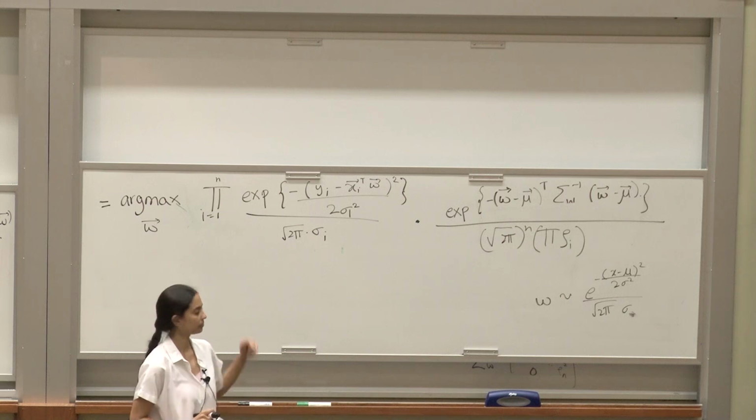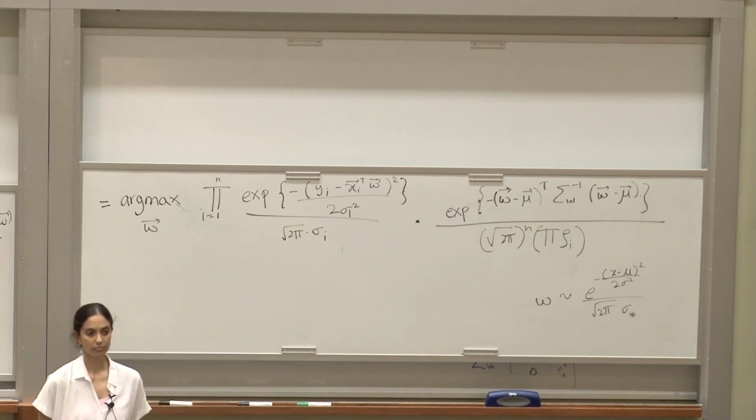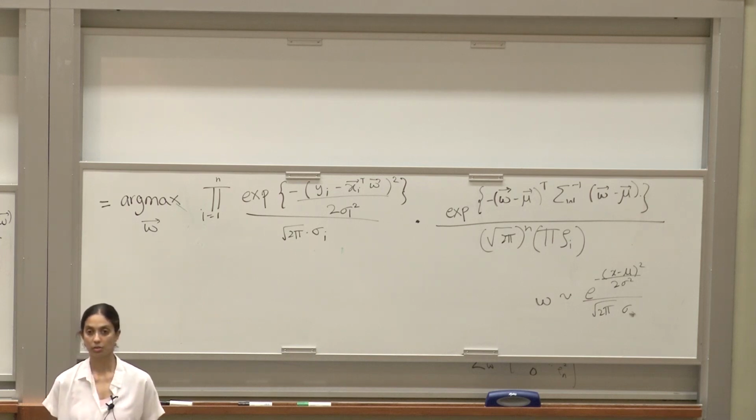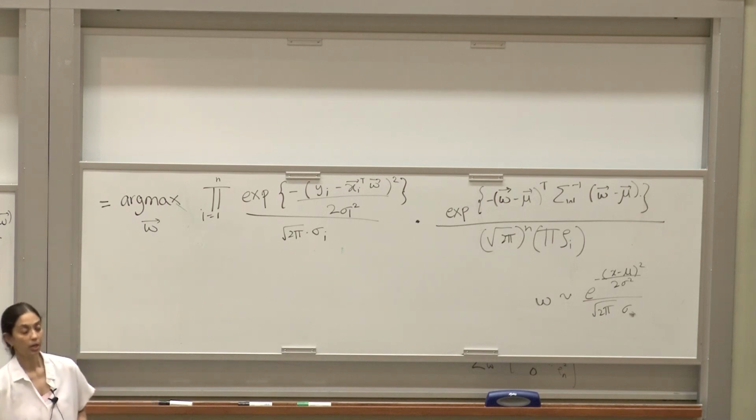Okay. Yes? Why are we using the sigma matrix here? Is this diagonal? Can we do the same thing from earlier? Yeah, you can. There are many ways. This is the most compact and most efficient way of writing this. There are many ways of doing algebra, and this is one way.